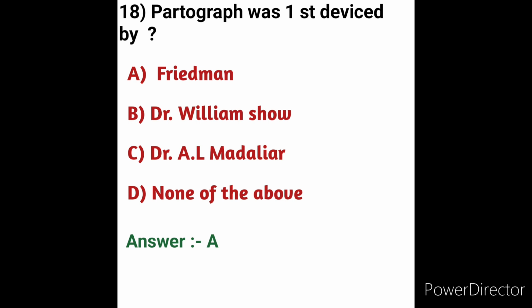The partograph is like a TPR chart. In hospitals we see TPR charts and also ventilator charts; this is one type of chart. In this chart we can see columns such as hours of labor, membranes ruptured, assessment of the pregnancy, vaginal bleeding, and so on.